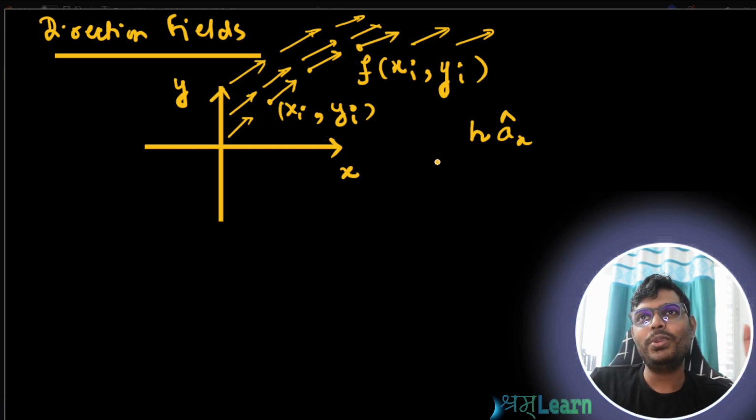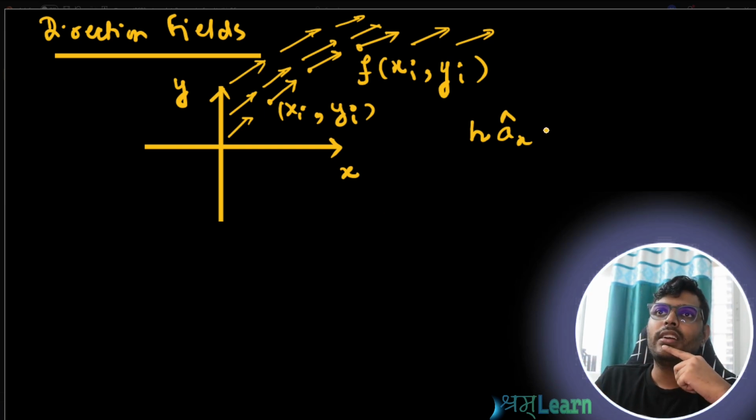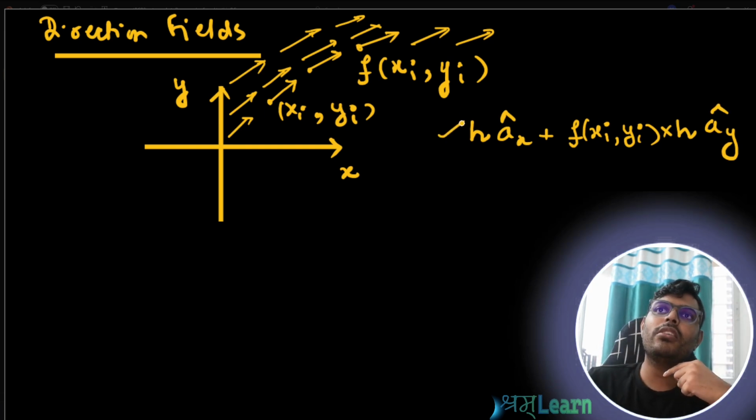So it is moving h along the x-axis, and the resultant y movement is nothing but f of xi, yi into h. So this is my y component. I want to plot all these vectors.